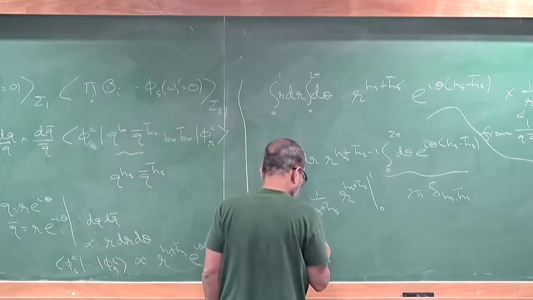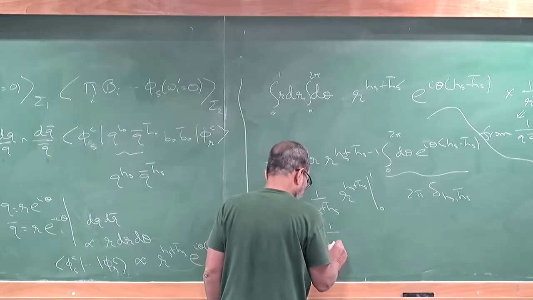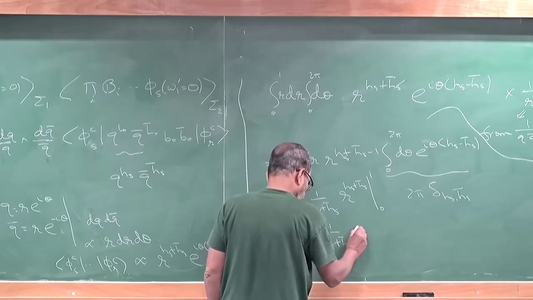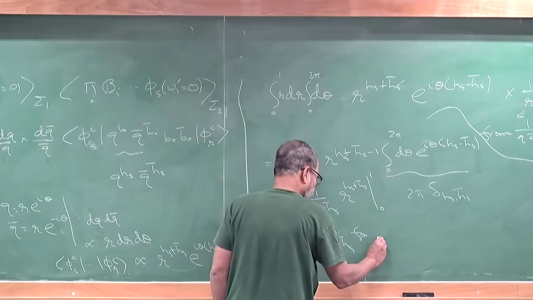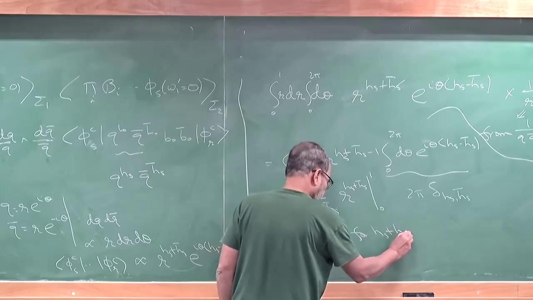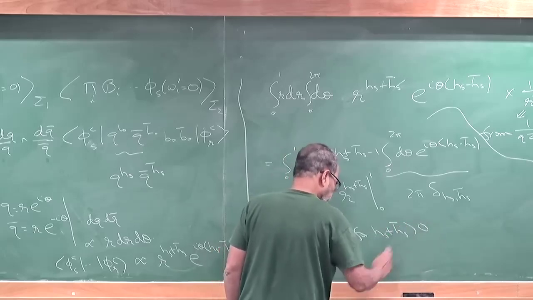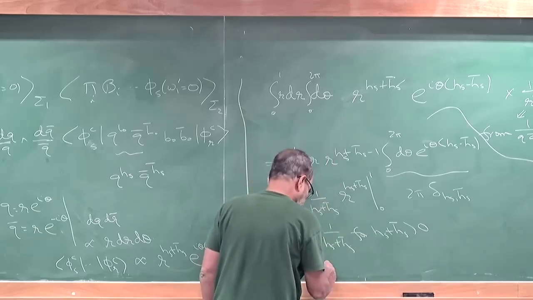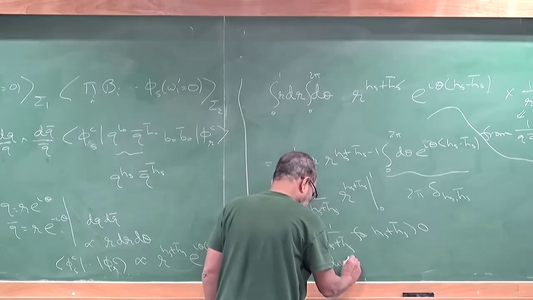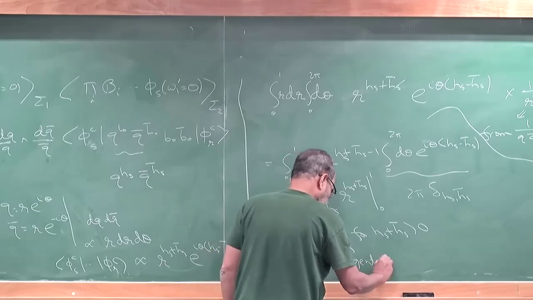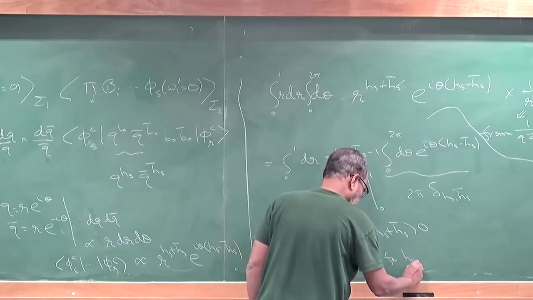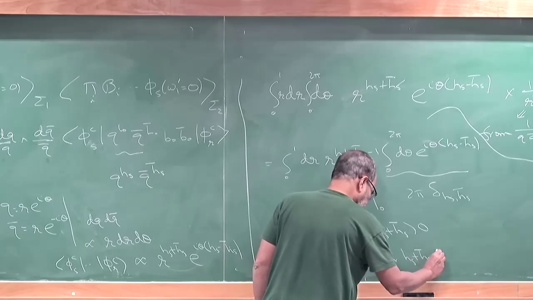Which is 1 over HS plus HS bar for HS plus HS bar positive, and it's divergent for HS plus HS bar less than or equal to 0.